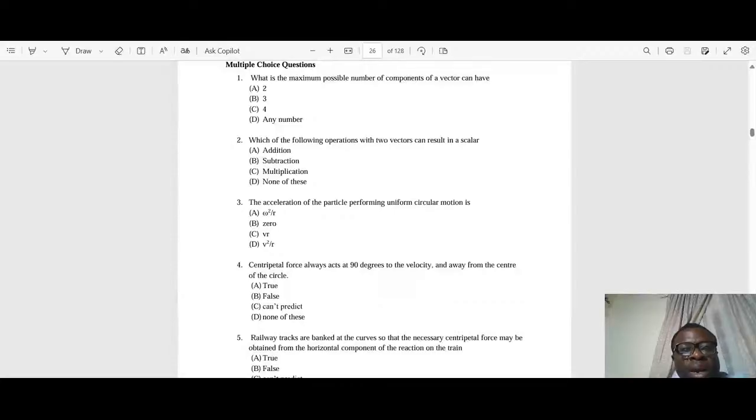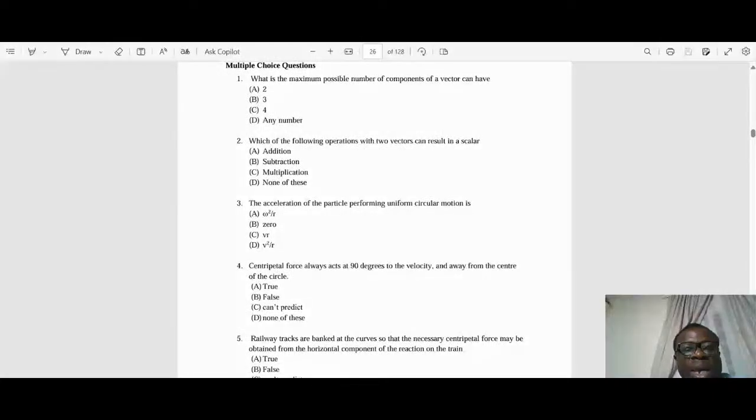C, VR. D, V square over r. I repeat that again. The acceleration of a particle performing uniform circular motion is A, omega square over r. B, 0. C, VR. D, V square over r.